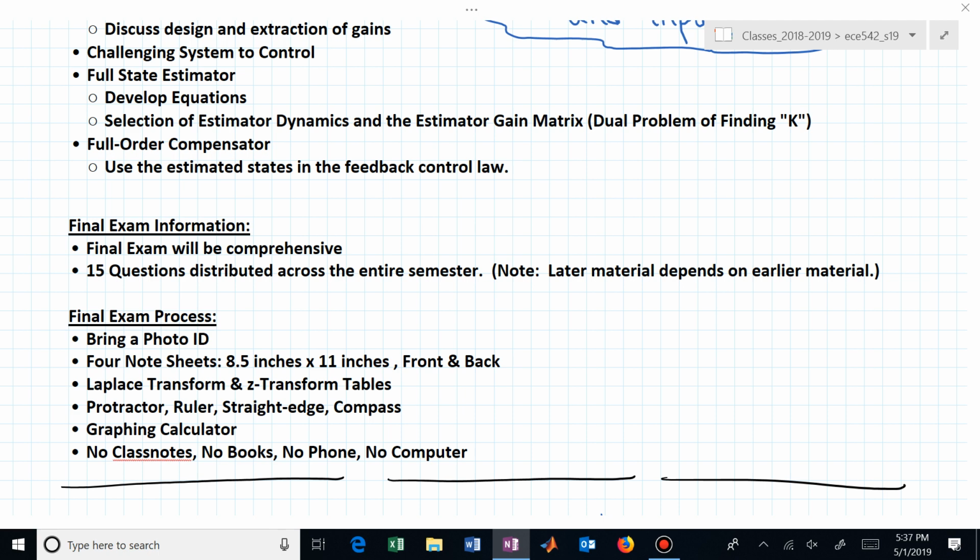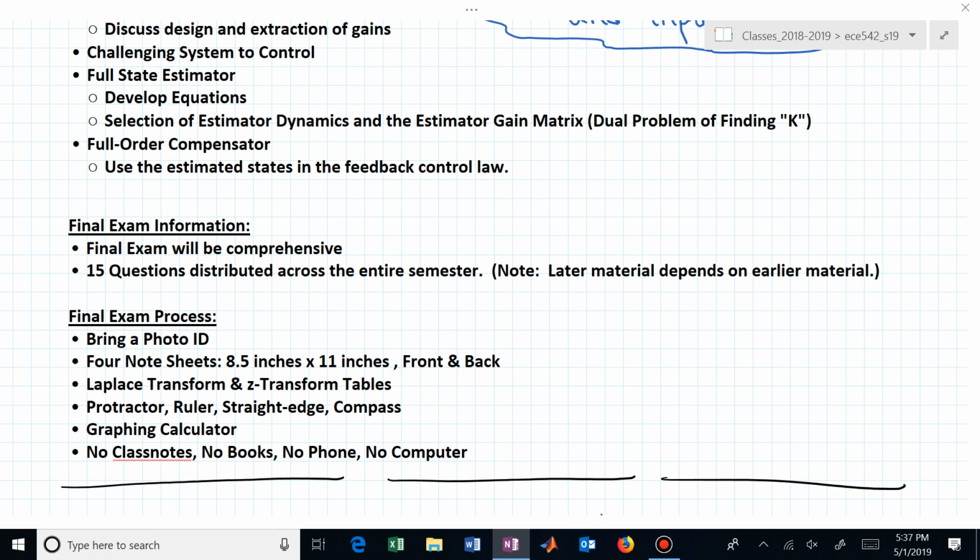Bring a photo ID. That worked pretty well last time. I want to keep doing that for the exam. You'll have 4 sheets of notes, and you can also bring in a Laplace transform table and a Z-transform table. You might want to bring in a protractor, a straight edge, maybe not a compass, but you might if you want to really get neat with your sketches.